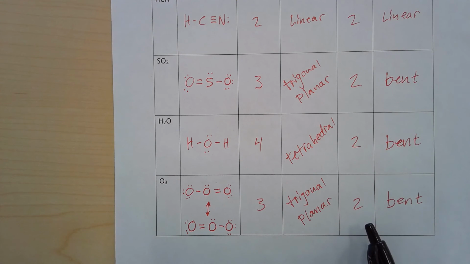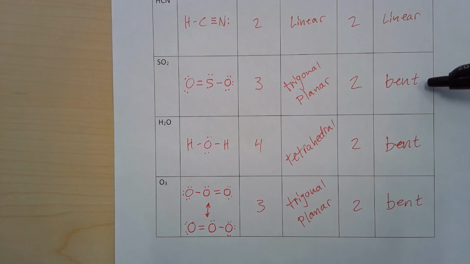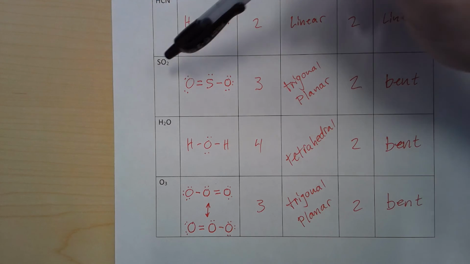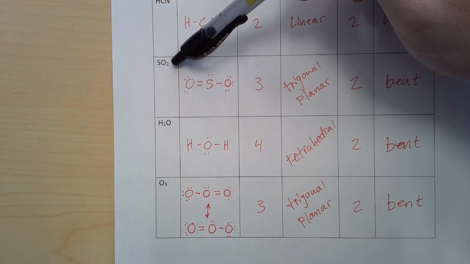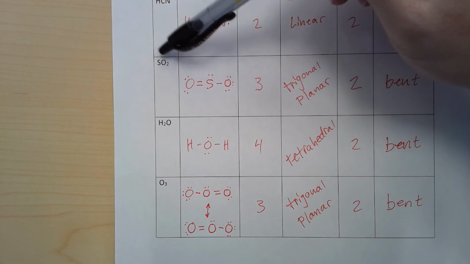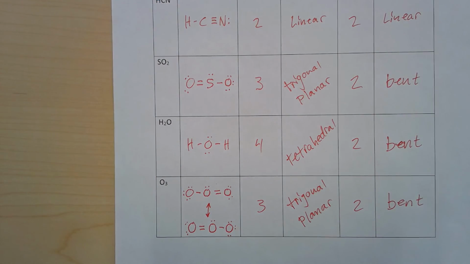But because this molecule only has 2 sides that are being used for bonds, it's very similar to SO2. And I hope you see that both of these are bent because having 3 oxygens is similar to having 2 oxygens and a sulfur. All of these are in the same group. So they all act very similarly, and you'll expect them to have the same shape.